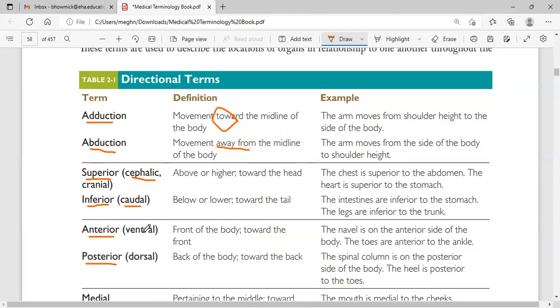Anterior, ventral, is the front of the body, towards the front. So the navel is on the anterior side of the body, and the toes are anterior to the ankle. Posterior, dorsal, is the back of the body, towards the back. The spinal column is on the posterior side of the body, and the heel is posterior to the toes.